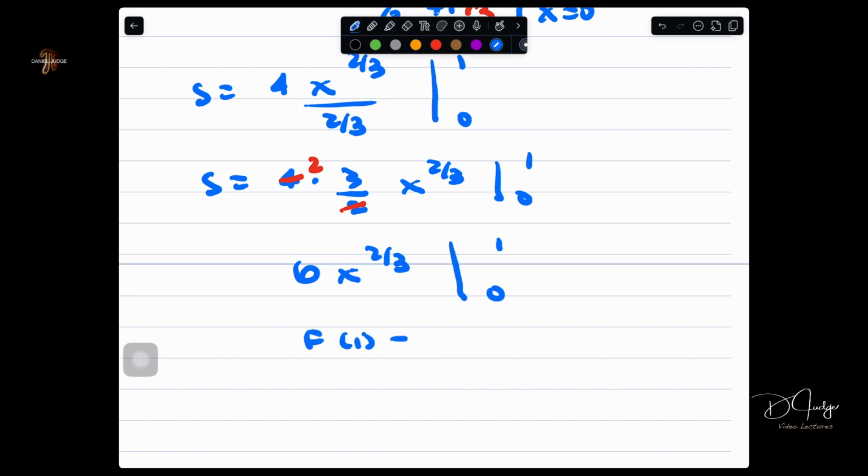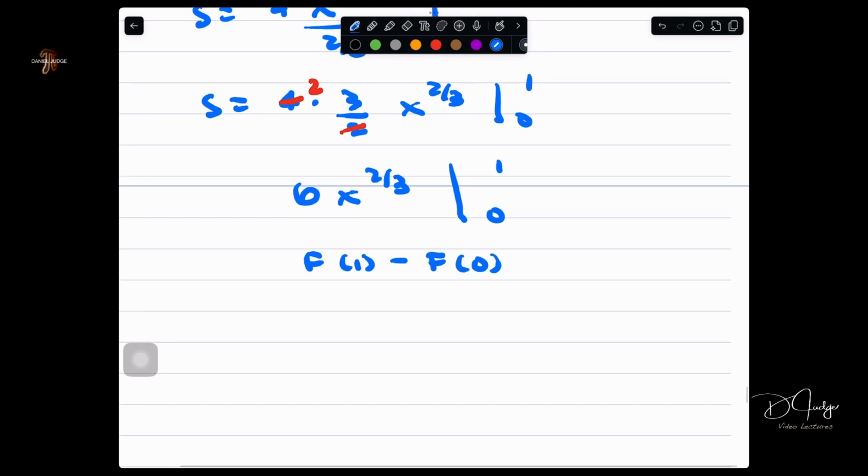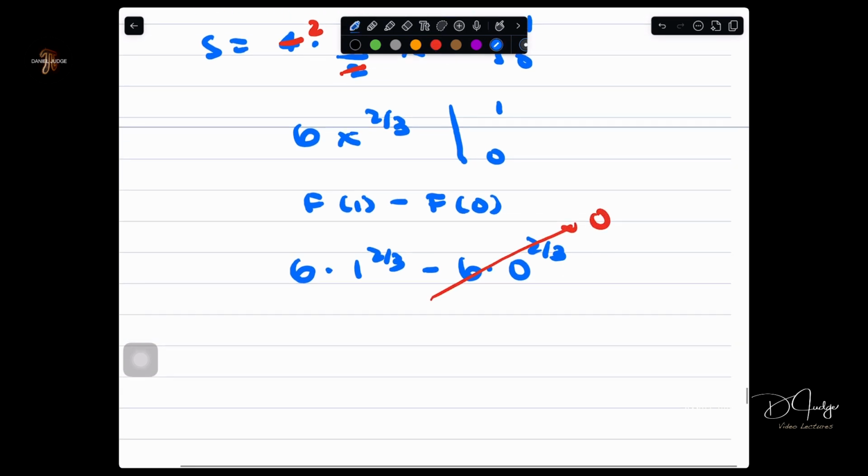Don't forget, this is the antiderivative, evaluated 1 minus 0. 6 times 1 to the 2/3 minus 6 times 0 to the 2/3. This portion here is just 0. And by the way, 1 to the 2/3, that value is 1. So it looks like here, the arc length is going to be 6.